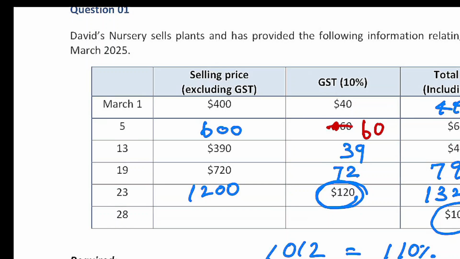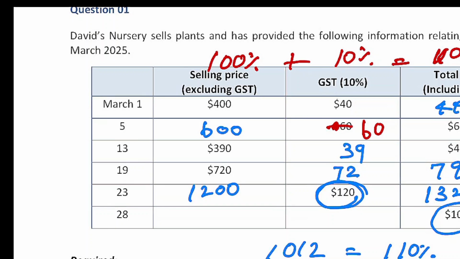Because the selling price is 100%, since we calculate GST of 10% on the selling price. Whatever the selling price is will be 100%, because we are calculating a part from that. Then the total price is equal to 110%. So 1012 is equal to 110%.